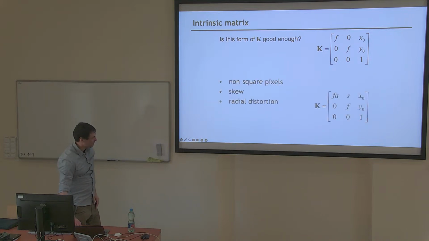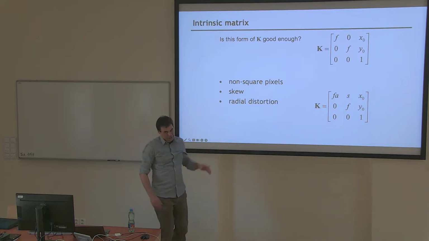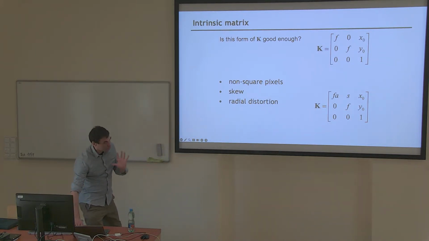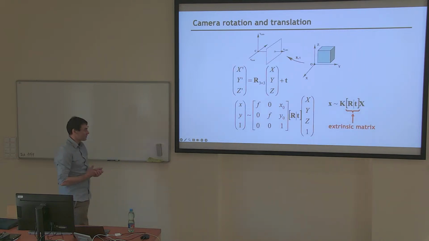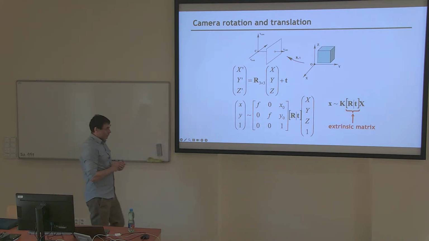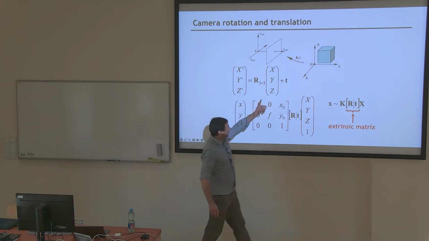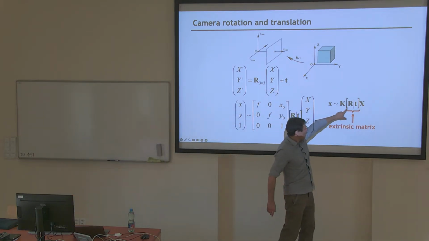I will maybe skip some of the details. If you have the calibration, the key important parameter is the focal length. In all the work which I'll show, we assume the camera is calibrated. It's on the robot, so you can calibrate it beforehand. You know what the focal length is. But what we really want to estimate are the rotation and translation parameters.